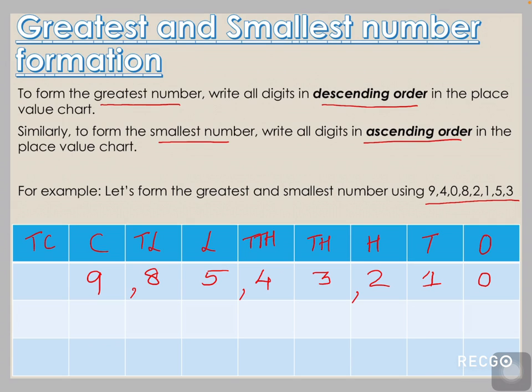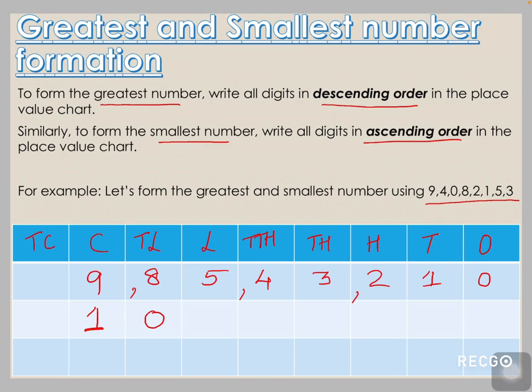But we will never place 0 at the biggest place value to form the smallest number, because that 0 has no value. So after 0, what is the smallest number here? It is 1. So first I'll write 1 at the crores place, then I will write 0. Clear? So whenever you are given 0, you will write it at the next place, because in the first place it has no value. Then the rest is the same.